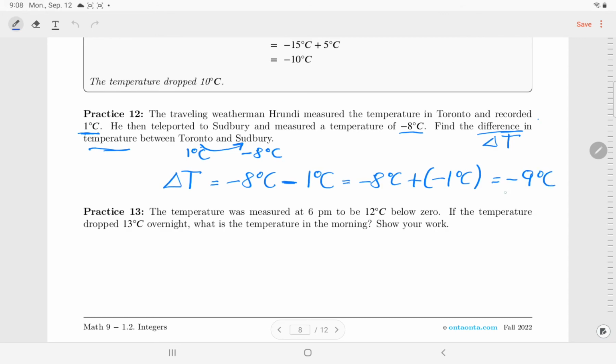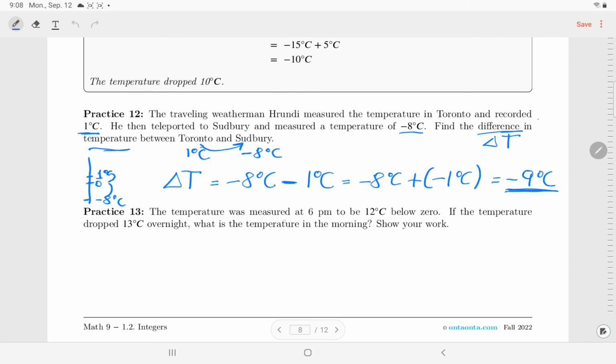So the temperature dropped 9 degrees Celsius as Hrundi went from Toronto to Sudbury. And again, you can use a small diagram. This is 1, this is 0, negative 8. So first it had to drop 1 degree Celsius and then another 8 degrees Celsius. So altogether the temperature dropped 9 degrees Celsius.